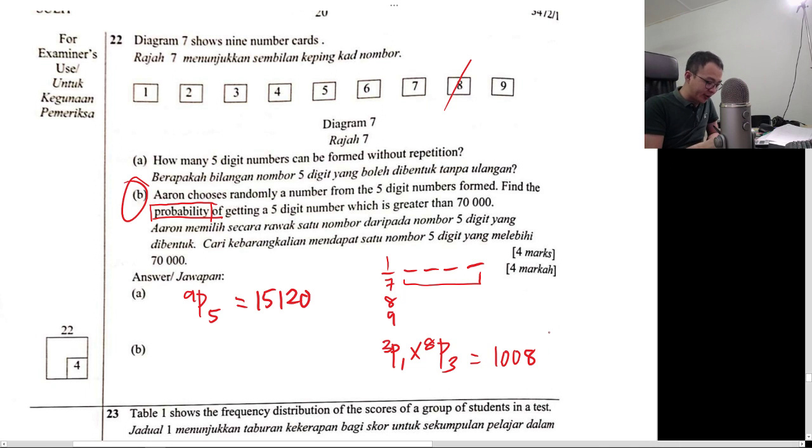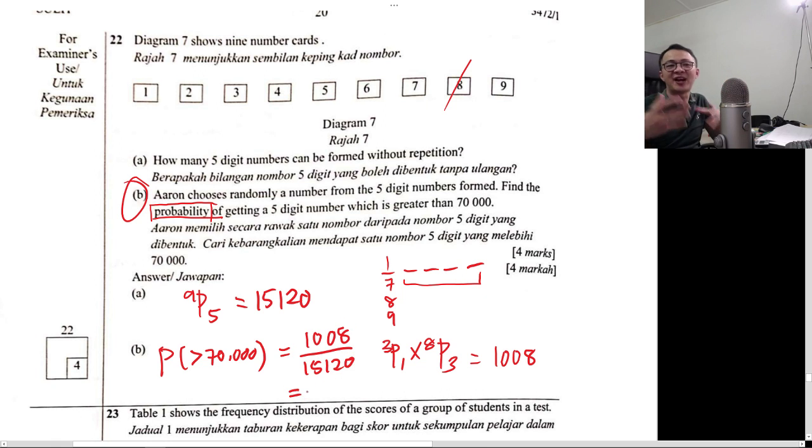So to get the probability of getting bigger than 70,000, I will use the number of ways divided by my sample space, which is the total number of 5-digit numbers. Then I will get the final answer. So the final answer should be 1050.